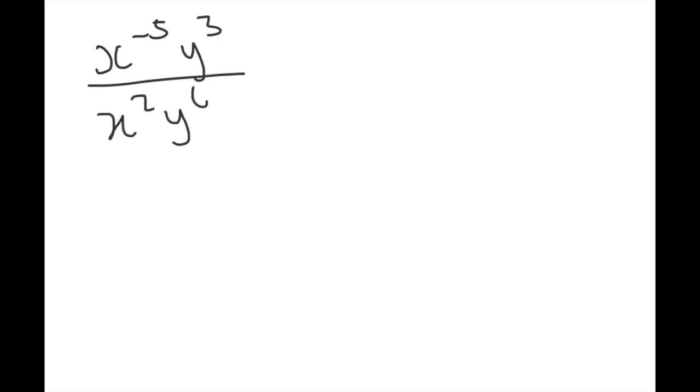Let's continue. x to the power minus 5, y to the power 3, all of that divided by x squared y^6 to the power 0. Let's see what we have here. If you look on your index page, law 7, you will see x to the power 0 equals 1.